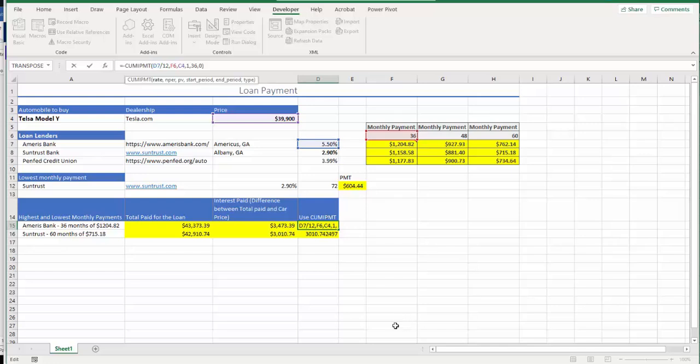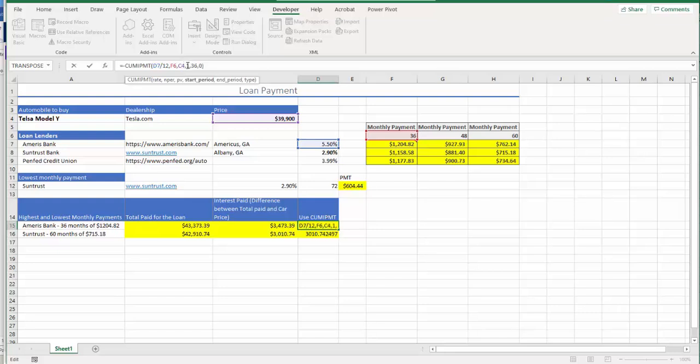We're starting with D7, which is the interest rate, divided by 12, comma, F6, which is the total months, right there, and C4, which is the automobile price or loan amount. Then it's interesting, there are three variables after automobile price, something new.